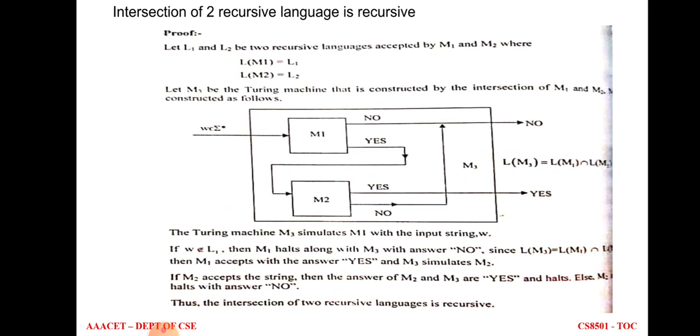If M2 accepts the input string, which means it gets the input from M1's output, that is yes, then the answer of M2 and M3 is yes and they halt. Else M2 halts with the answer no. So this also proves that the intersection of two recursive languages is always recursive.